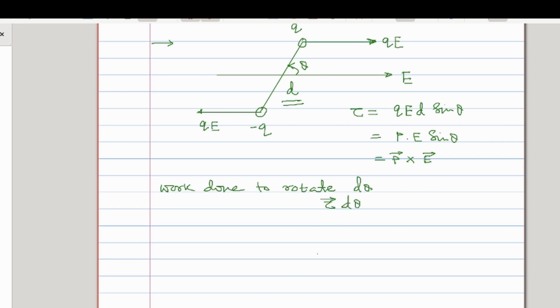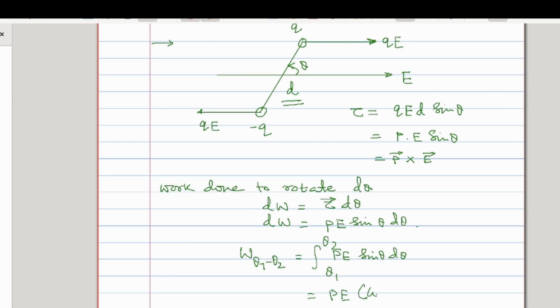What is tau d theta? That is P E sine theta d theta. This is the differential work done. Now work done to rotate from theta 1 to theta 2 is P E sine theta d theta integrated from theta 1 to theta 2. So we get P E into cos theta 1 minus cos theta 2.